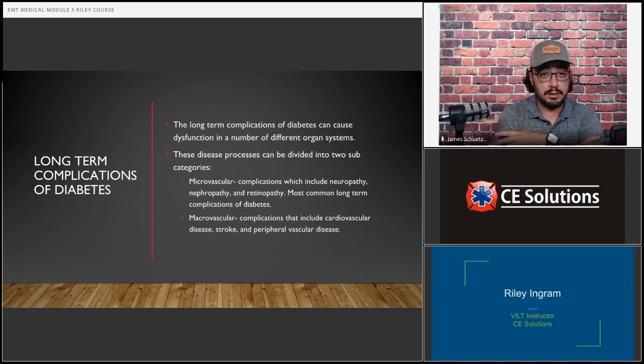Macrovascular are complications that include cardiovascular disease, stroke, and peripheral vascular disease as well. So a little bit more intense as far as complications go. Not as common as your microvascular, but they're definitely out there. We'll get into some examples of these as we go on.